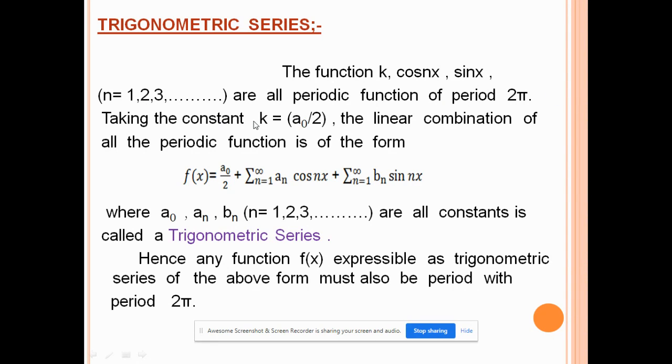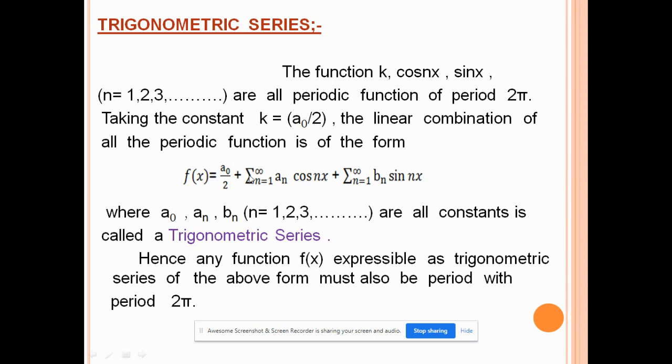Taking the constant k equal to a naught by 2, the linear combination of all periodic functions is of the form f of x is equal to a naught by 2 plus summation n running from 1 to infinity an cos nx plus summation n running from 1 to infinity bn sin nx.